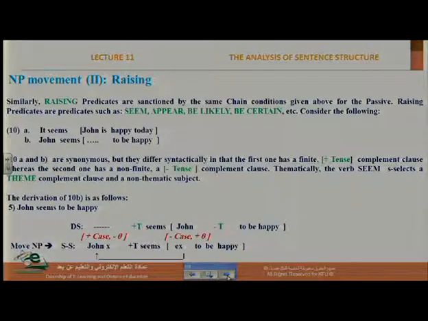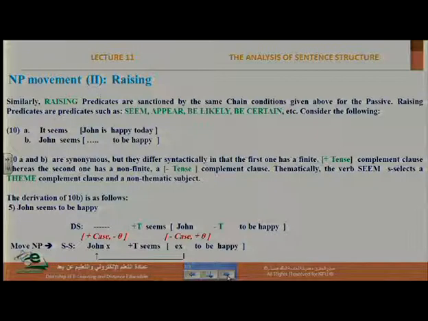So I was saying that raising predicates, and I just explained the idea of raising because they move up to the subject's position, are sanctioned by the same chain conditions. They are sanctioned means essentially they are licensed in a way.